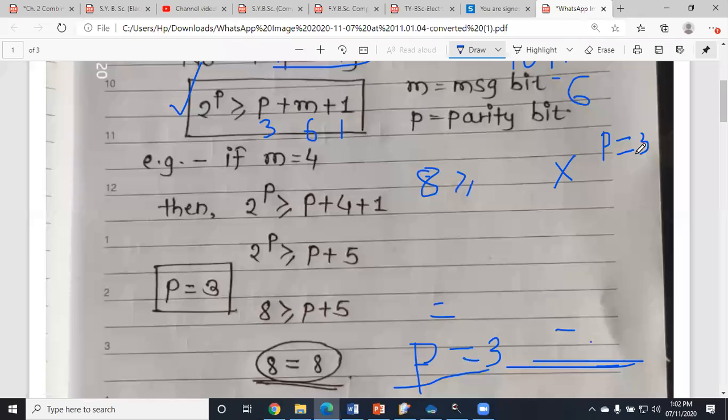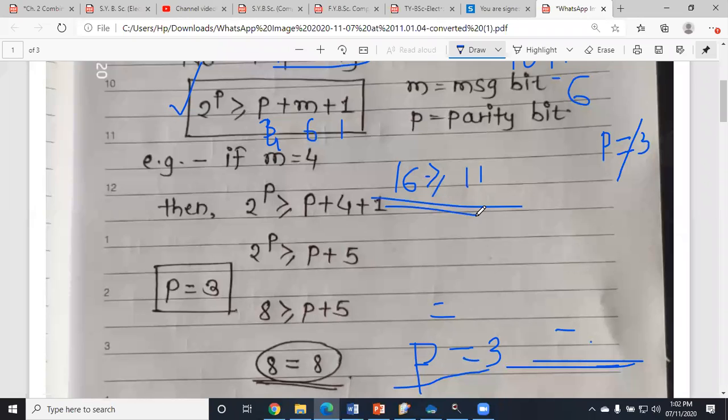Parity 3 we cannot use. Now we have to check for parity bits equal to 4. If we put parity equal to 4, what will be the calculation? 2 raised to 4 is how much? 16, right? Now here we have 4. Now this is 6 plus 4, 10, plus 1. How much is it? 11.